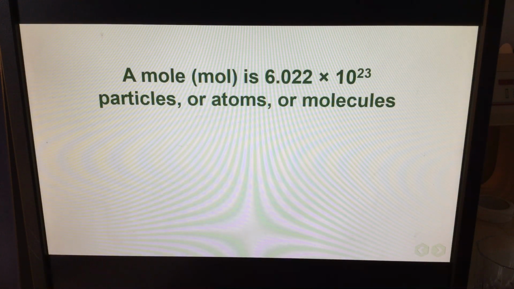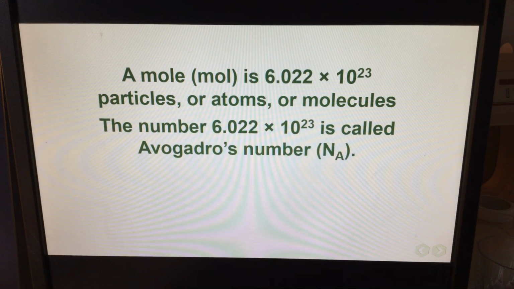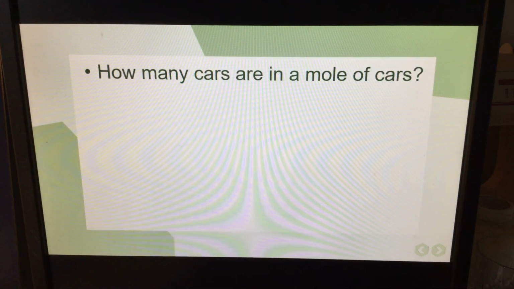So a mole is 6.022 times 10 to the 23rd particles or atoms or molecules, depending on what we're asking. This number is called Avogadro's number, named in his honor. He didn't come up with it, but it is named in his honor.